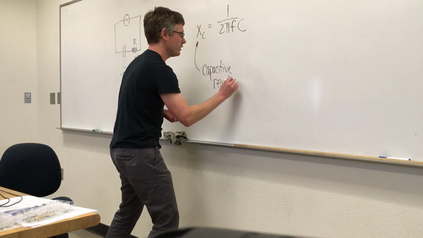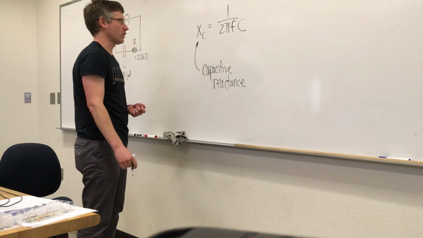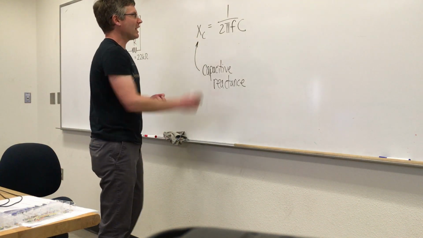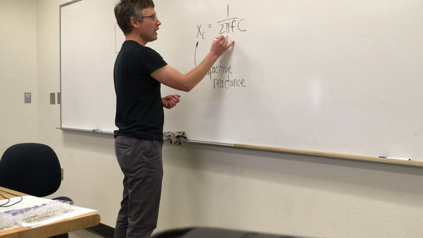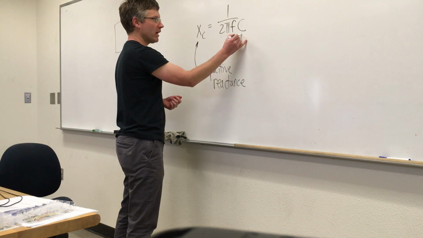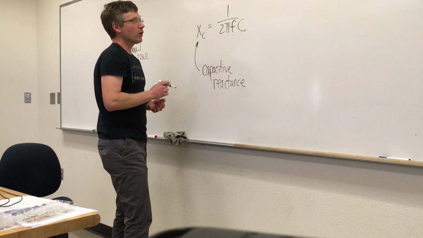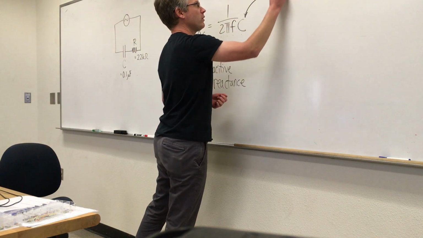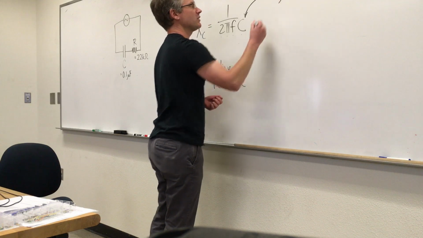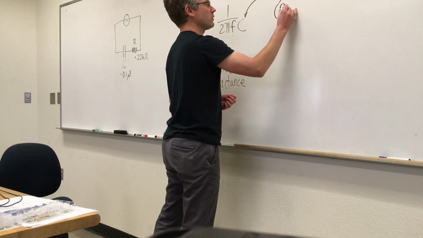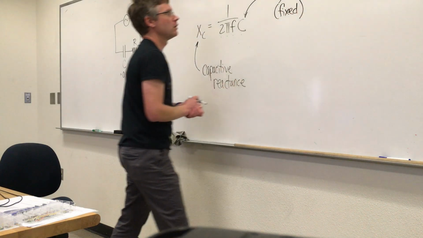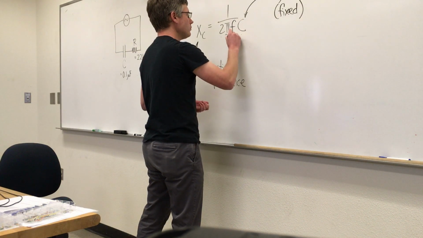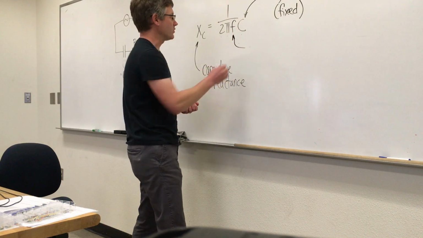You can just call it the apparent resistance of the capacitor, but X sub C is equal to 1 over 2 pi times frequency times capacitance. So for us, capacitance is 0.1 microfarads, fixed. We can't change that, not without changing our capacitor.